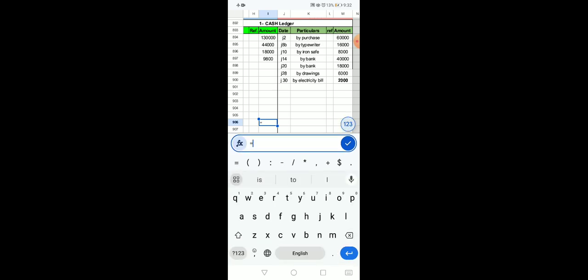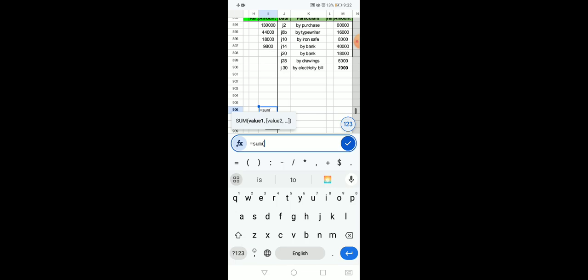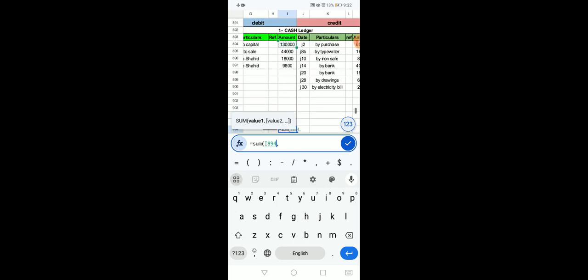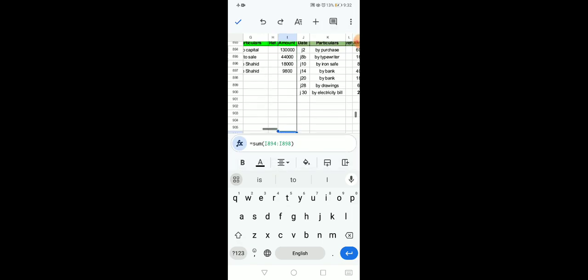All right, so the first step is to calculate the sum of both sides. We will calculate the sum of the debit side first. Whatever amounts are present on the debit side, take the sum. I'm taking help from Excel. You would enter on your calculator 130 plus 44 plus 18 plus 98, all amounts. Here I have calculated the sum of the debit side, which is 2 lakh something.